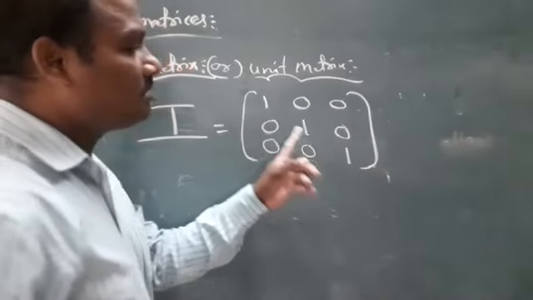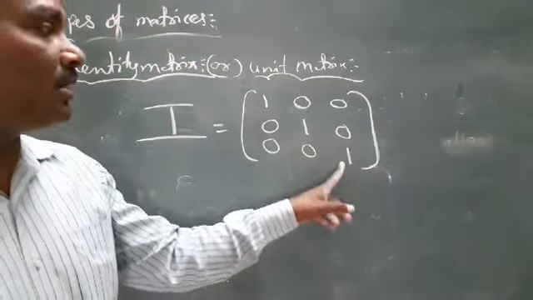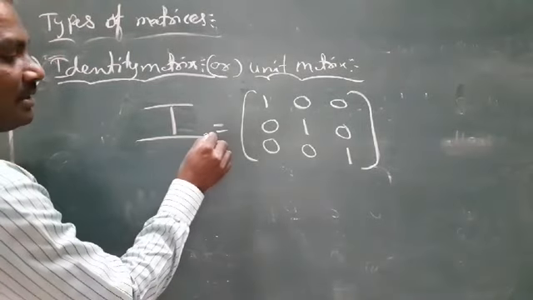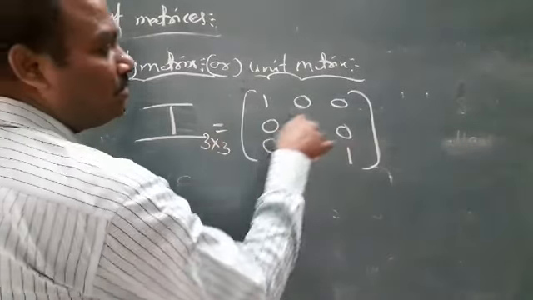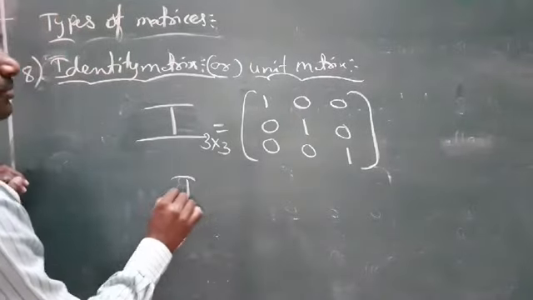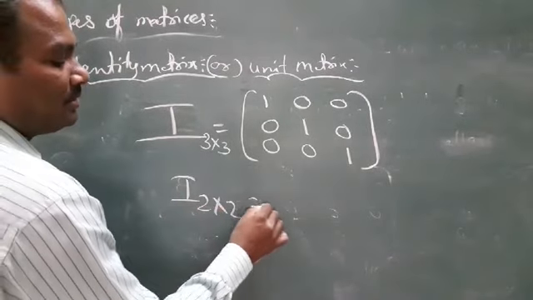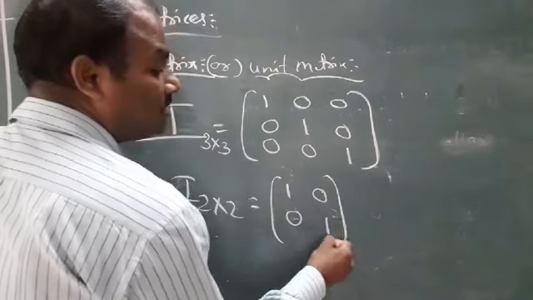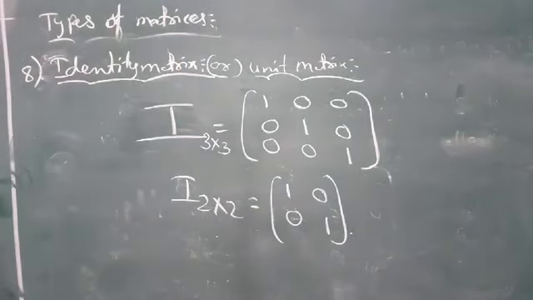Here the elements of the principal diagonal are all equal to 1 and the remaining elements are zeros. Here it is I 3 by 3 because there are 3 rows and 3 columns. Sometimes we also write a 2 by 2 matrix, I 2 by 2: 1 0, 0 1.